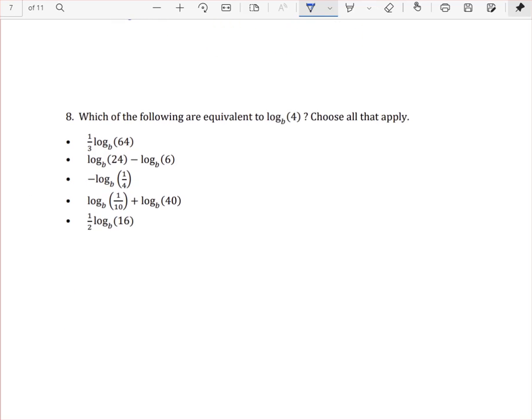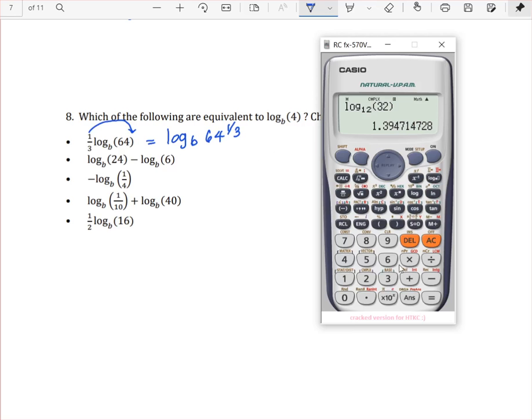And then here it says, which of the following are equivalent to this? So let's try to simplify them and see which one would be equivalent. Everybody has the same base, so we're just going to worry about the top. Like here, that 1/3 would come to the front, and I get log b of 64 to the 1/3. If I put 64 to the 1/3, you get 4.